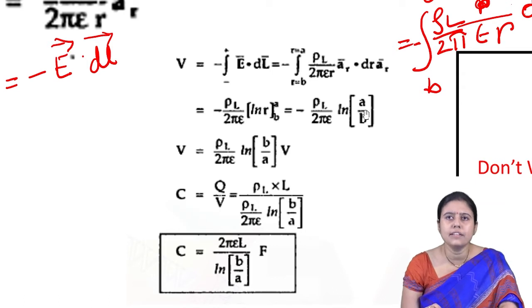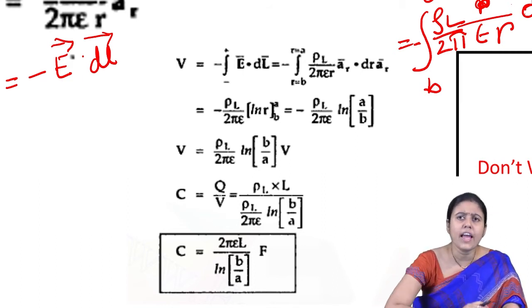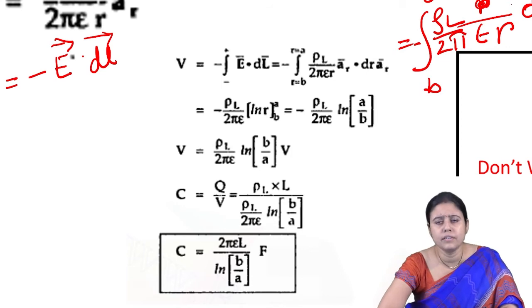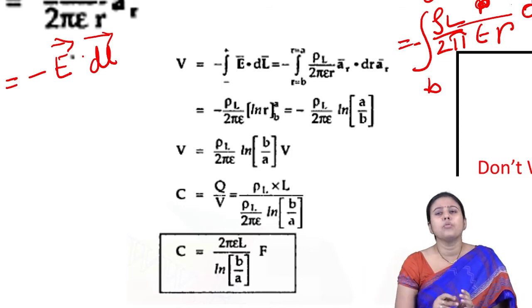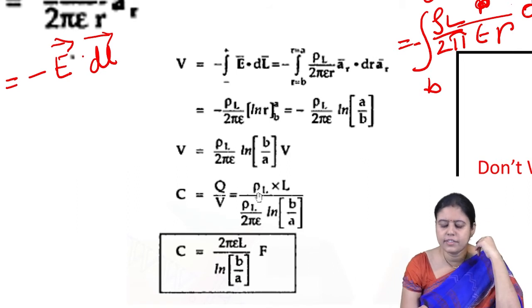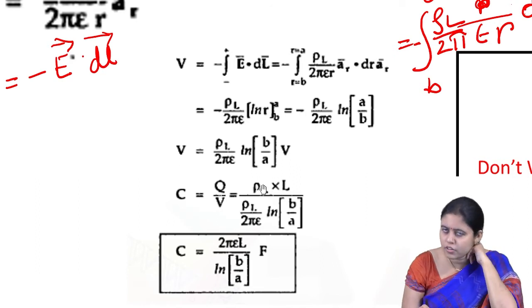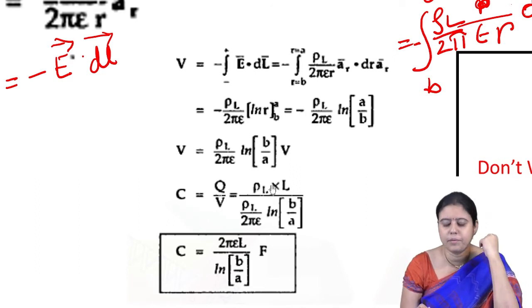What is capacitance then? According to our definition, capacitance is Q by V. As this is a cable, we take the line charge density, and we have already discussed that Q is equal to rho L into L. This is not a cross product, this is normal multiplication.